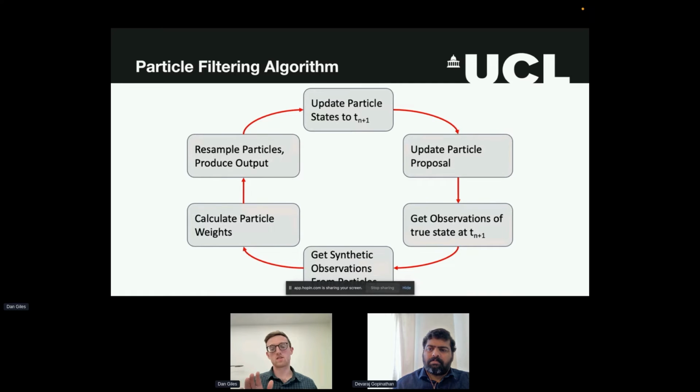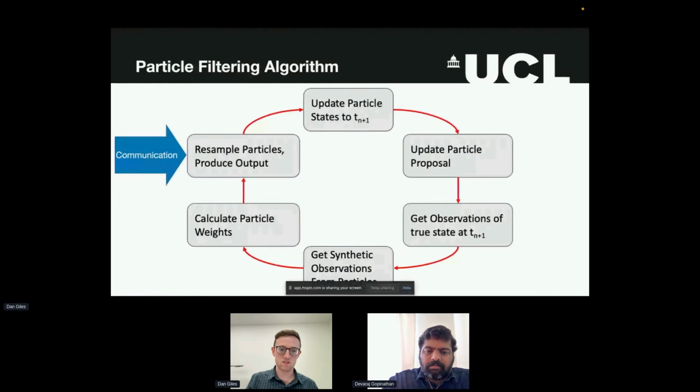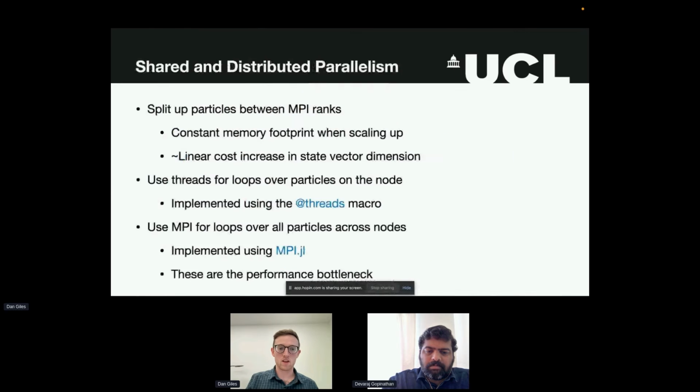All of these tasks can be completely parallelized. The only communication step is the resampling step, and also the MPI gather steps to calculate the statistics. So the bottleneck for performance is this communication step.